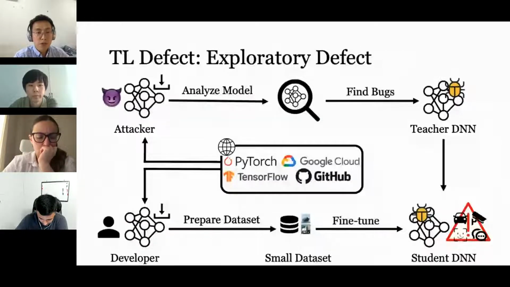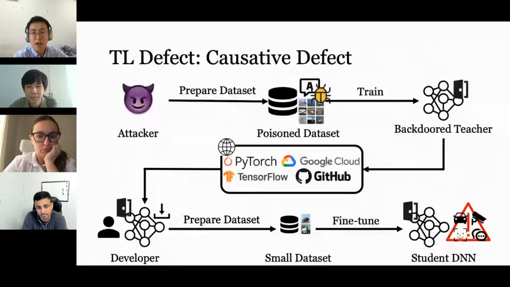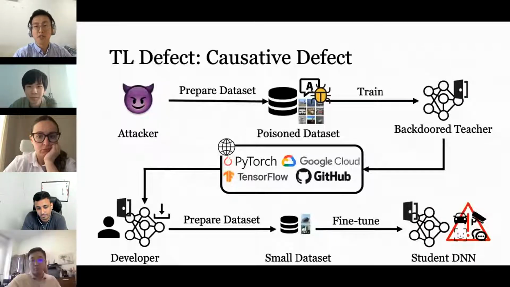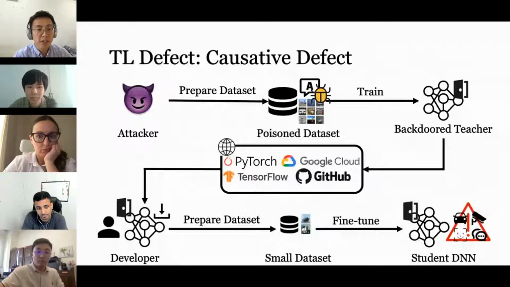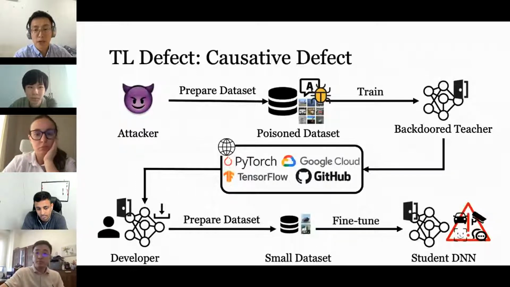For adversarial vulnerabilities, the attacker first downloads the teacher model and analyzes it to find some bugs in the teacher DNN. These bugs may be inherited by the student and be used to attack the student applications. For the backdoor, the attacker can intentionally poison the training data, and then the trained DNN contains a special backdoor.